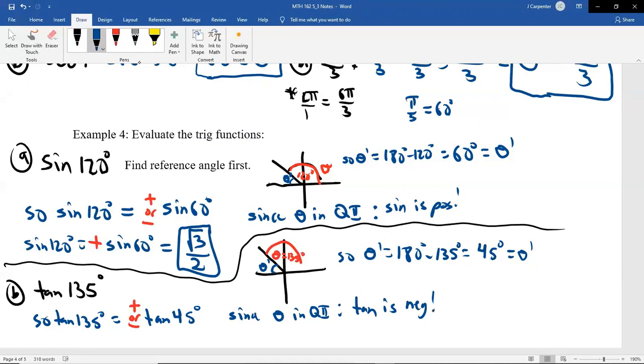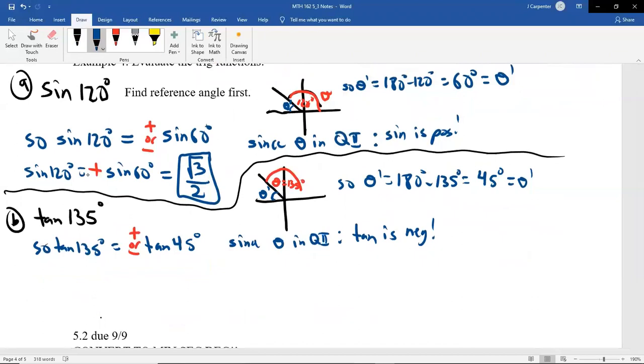If you did a smart trig class, A is quadrant 1, S is quadrant 2, that says sine is the only positive thing in quadrant 2 out of sine, cosine, and tangent. Remember, the reciprocal functions share plus or minus aspects. So that also would tell us tangent's negative. So the tangent of 135 degrees is equal to the negative of the tangent of 45 degrees specifically.